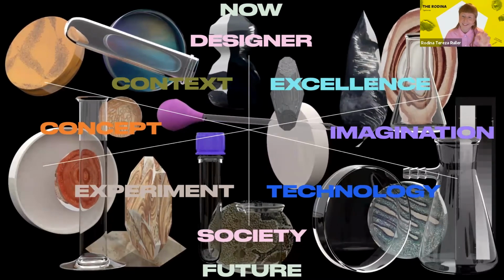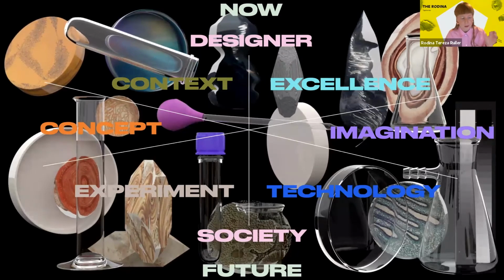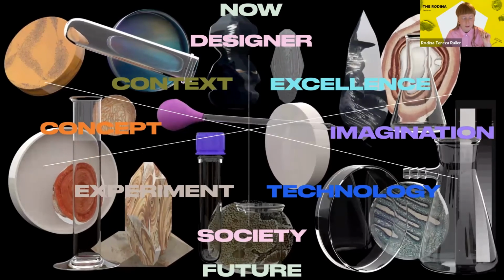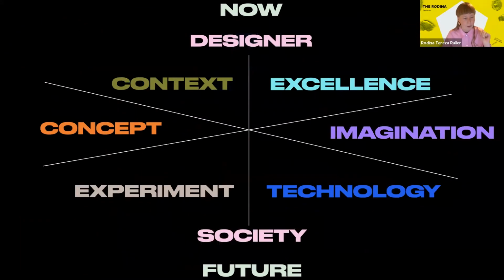But this little diagram that you can see on the screen, let's clear it so you can see really all of those terms. It shares what's really important in the studio for me at the moment, but you can make your own diagram. You can try to have something very excellent, but at the same time experimental. That's, for example, quite exciting.